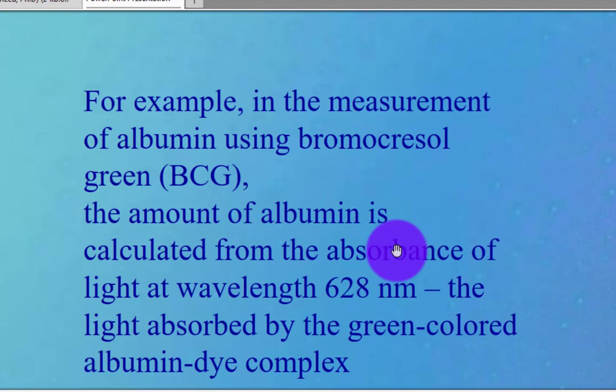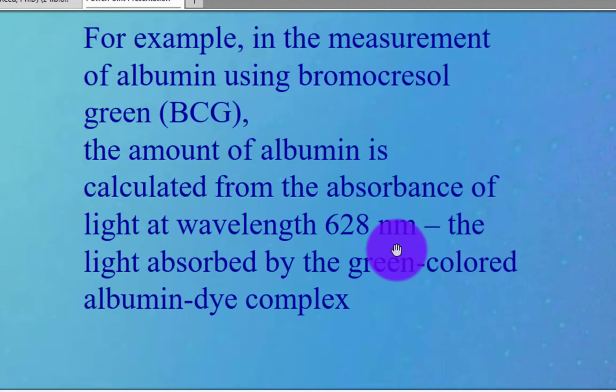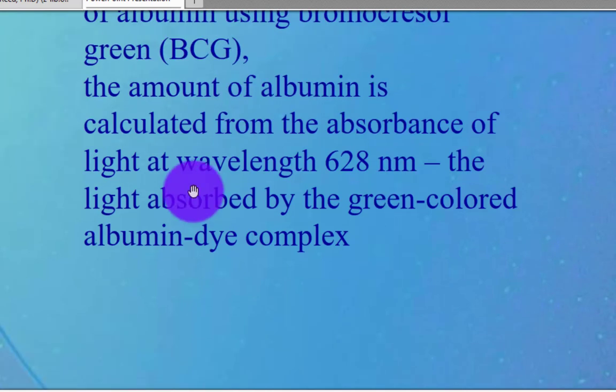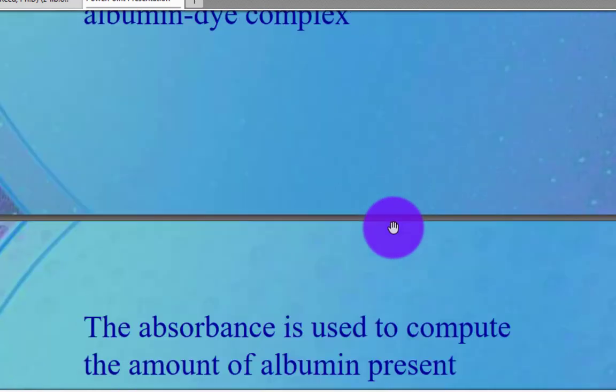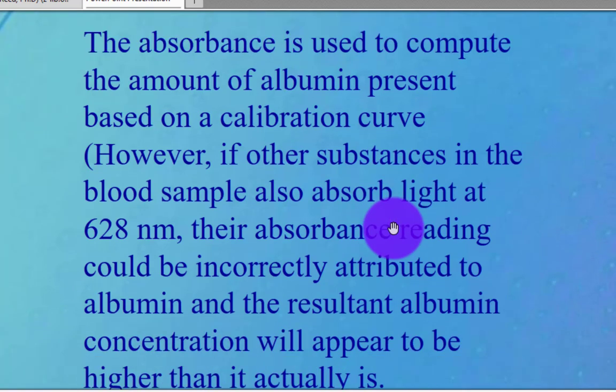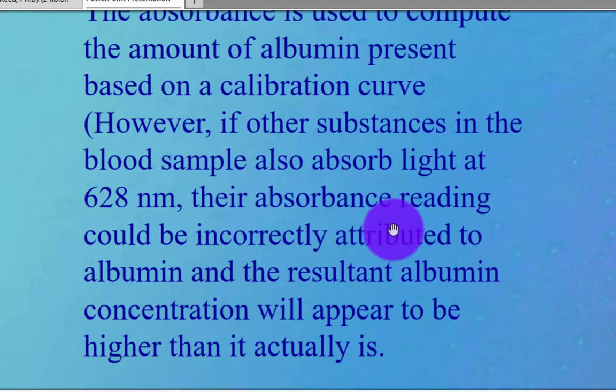For example, in the measurement of albumin using bromocresol green, the amount of albumin is calculated from the absorbance of light at wavelength 628 nanometers. The light is absorbed by the green-colored albumin dye complex. The absorbance is used to compute the amount of albumin present based on a calibration curve.